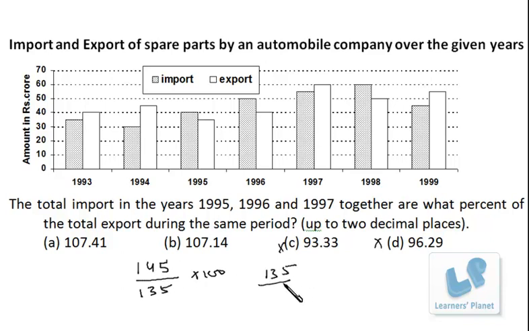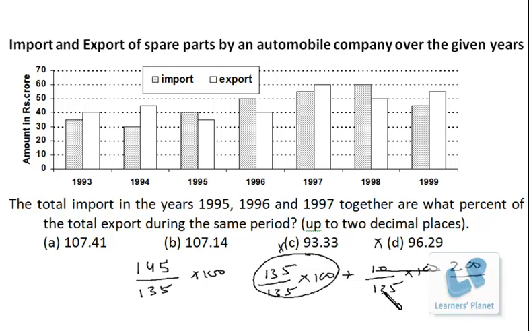I'm just writing over here, but you don't have to write. So this is 100%, right? Now I have to calculate this much only. That is 1000 by 135.